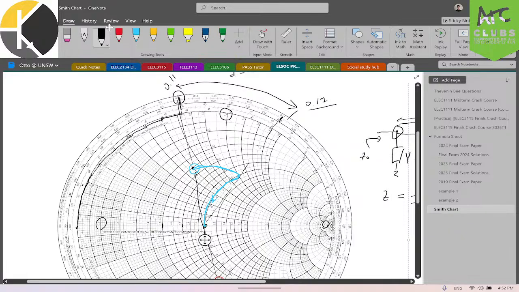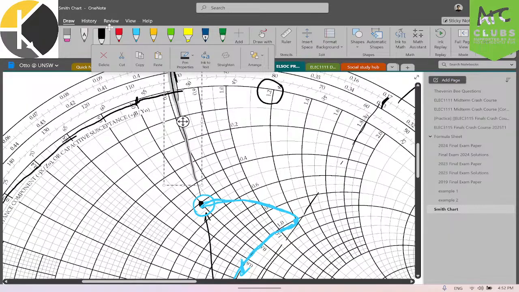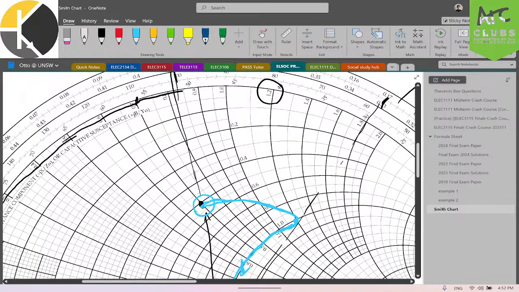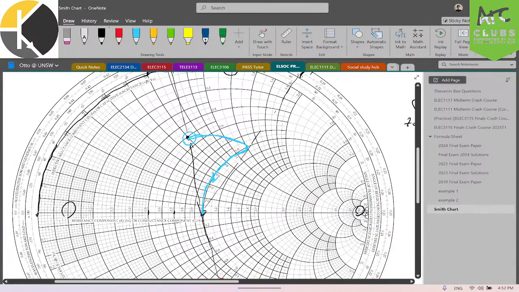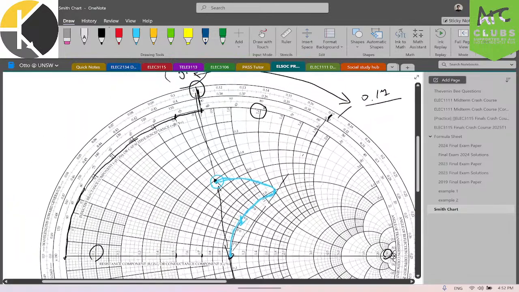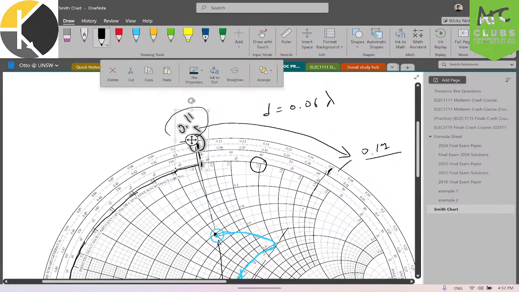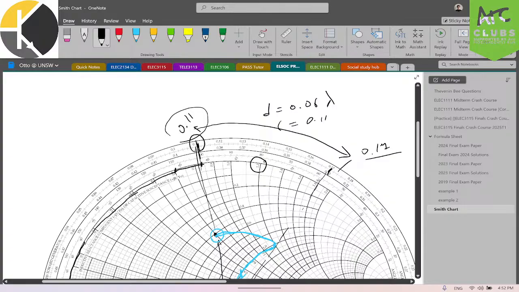Which actually here happens to be also 0.11. Similar to your assignment, which is not guaranteed to always be the case, but here it just happens to be the same length as your initial rotation, the initial rotation that you need to apply to your point. So L is equal to 0.11 lambda.